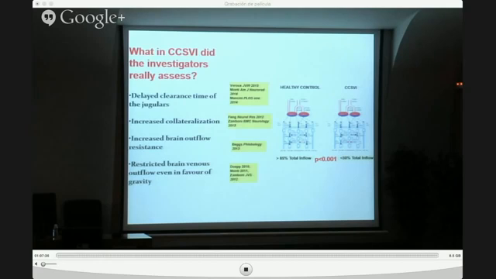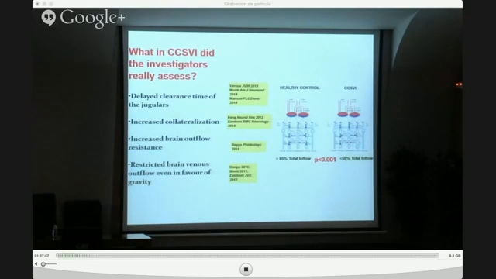Increased collateralization. This was mainly shown thanks to two-dimensional MRI and also with quantification ultrasound. Practically in normal people, more than 85% of the inflow to the brain is drained to the jugular and the vertebral veins.